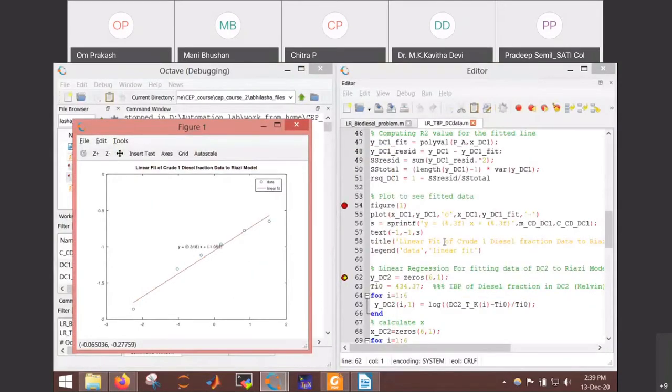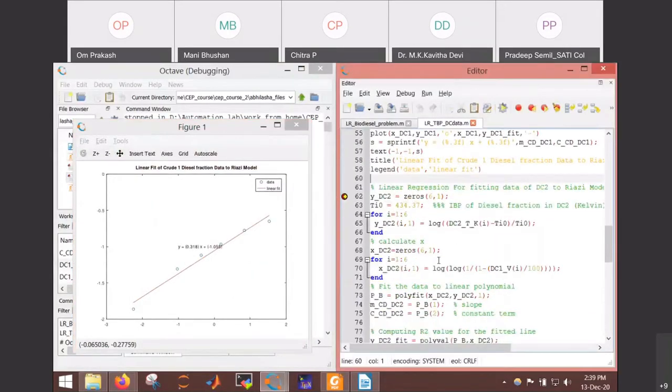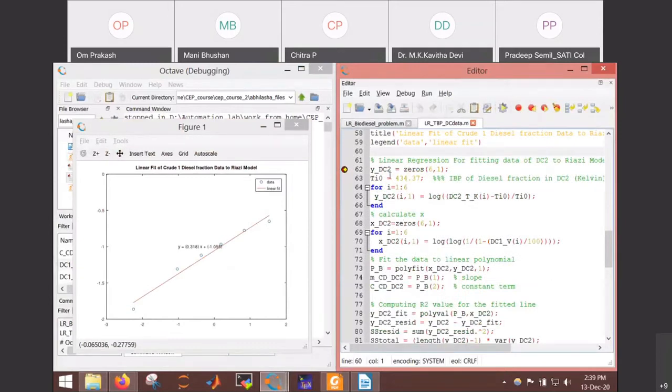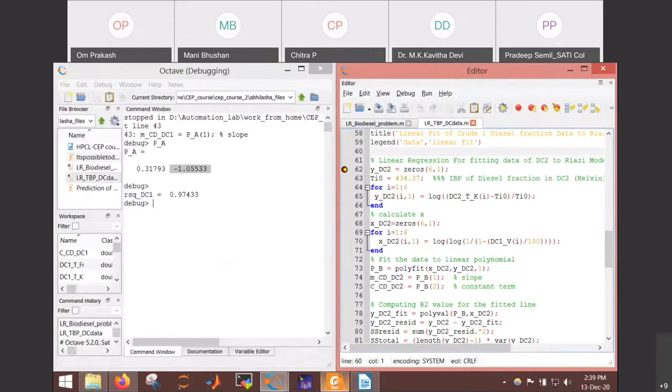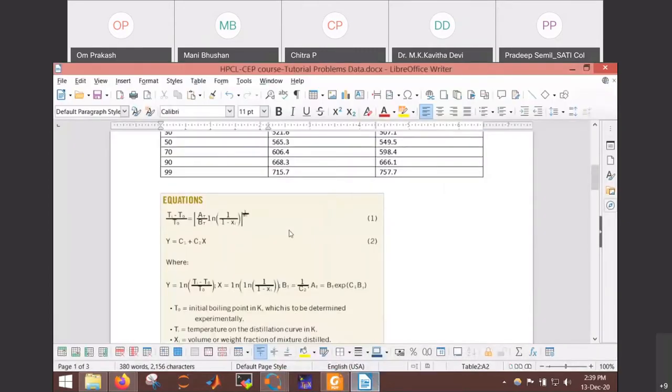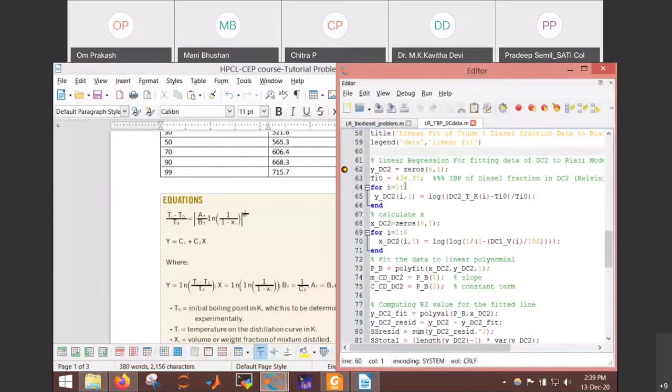The same exercise I have done for the second crude. First I compute the y value, which is ln of this.